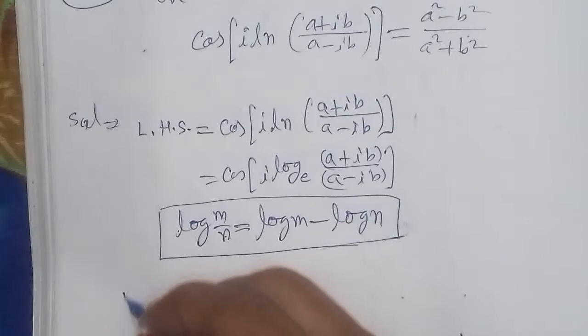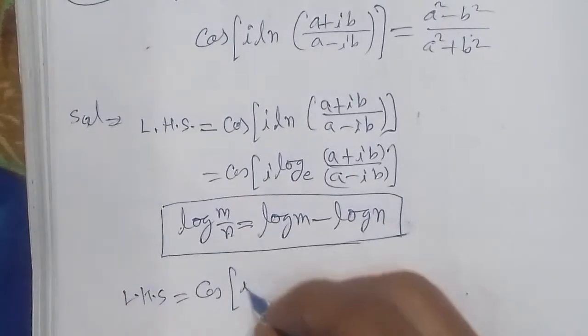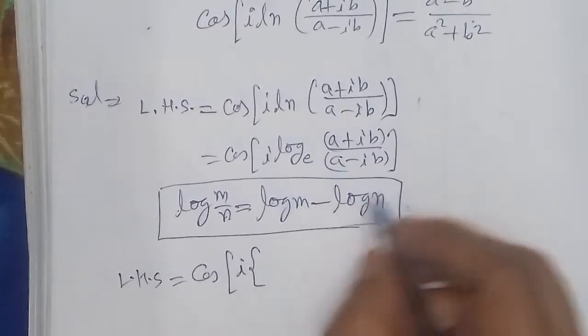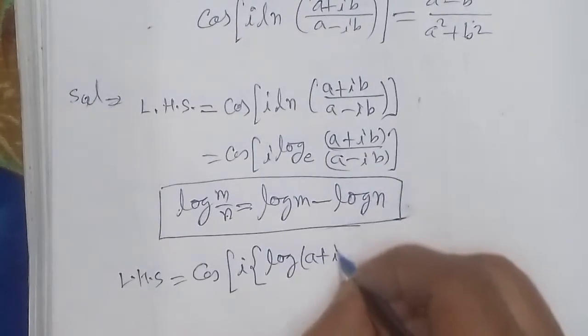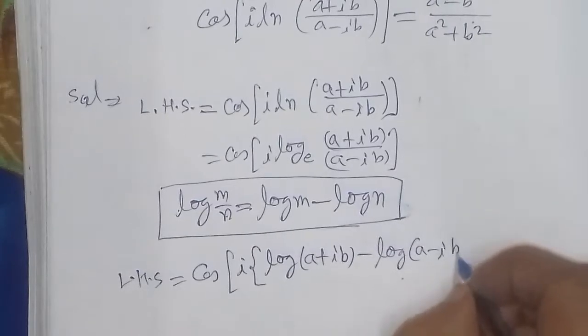We get left-hand side equal to cos of i times the bracket, log(a + ib) − log(a − ib).